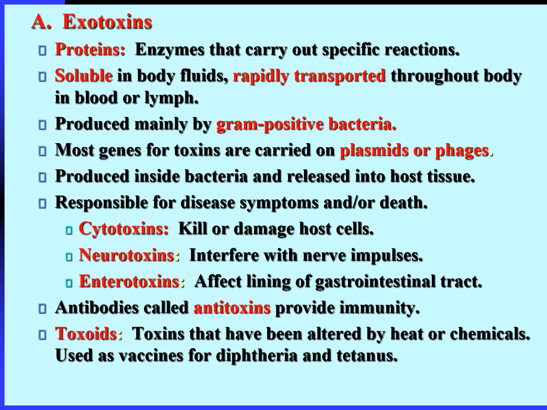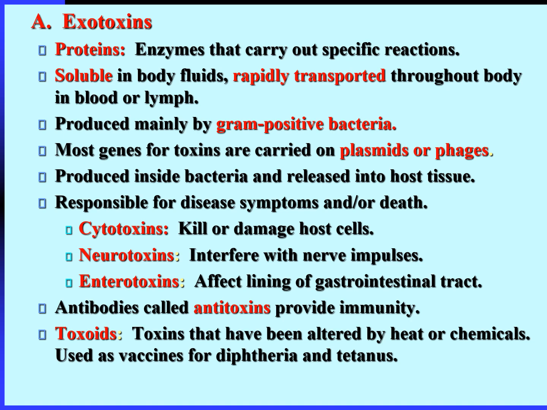Exotoxin is produced inside bacteria and released into the host tissue without lysis of the bacteria. بعكس الاندوتوكسين لازم بكتيريا تعاني lysis يلا يخرج الاندوتوكسين. Exotoxin is responsible for disease symptoms and or death. There are three types of exotoxins: cytotoxins, neurotoxins, and enterotoxins.